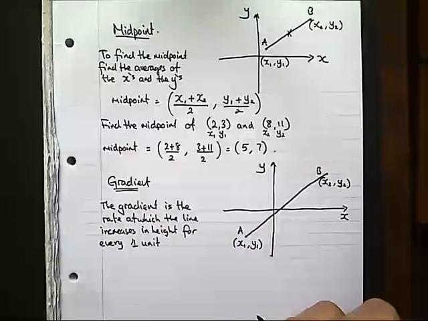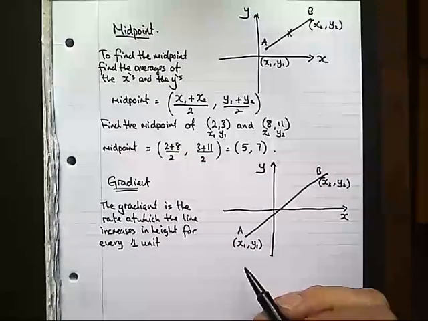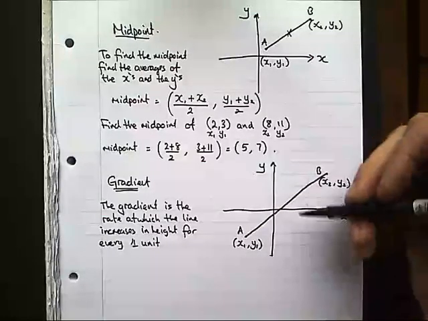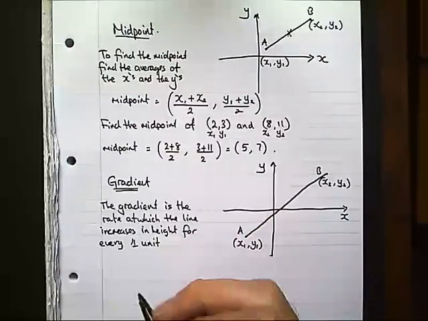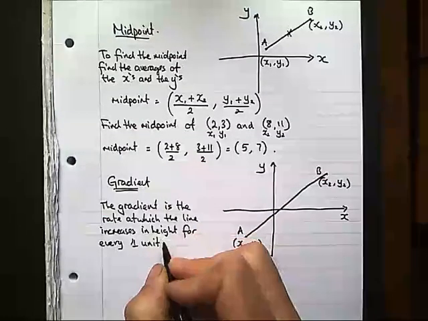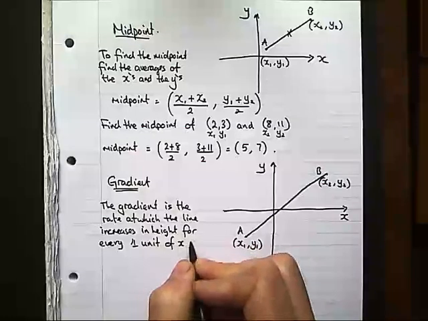So if we're working in meters, then it would be an increase of 1 meter, and then the height of the value for y would increase by the gradient amount. So the height increases for every 1 unit of x increase.